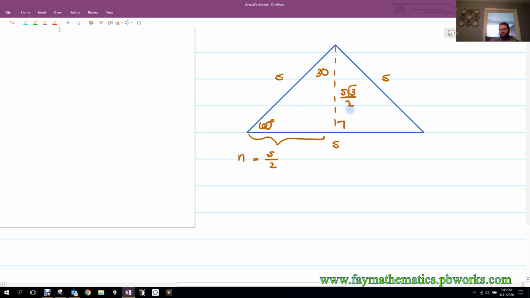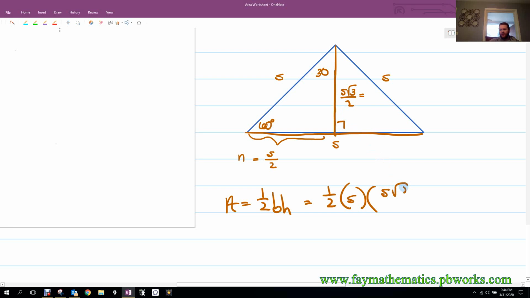radical 3 side. So if I'm trying to figure out area is 1/2 bh for my triangle, it's 1/2 b is that distance there, so it's s, and h is that distance there, so it's s radical 3 over 2.